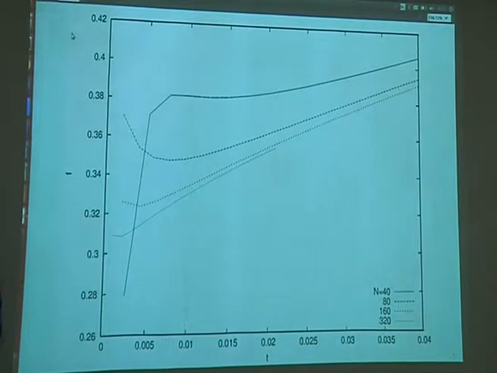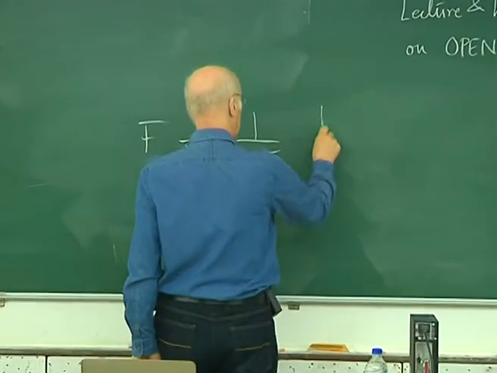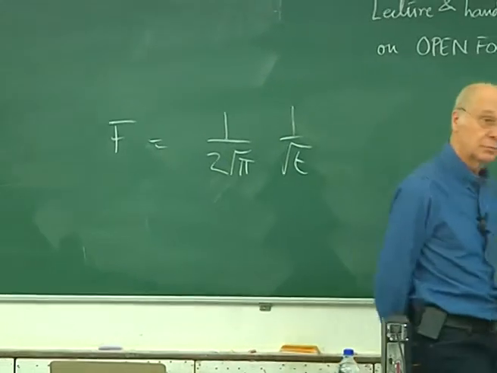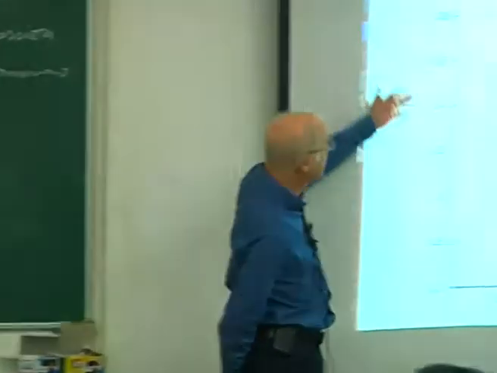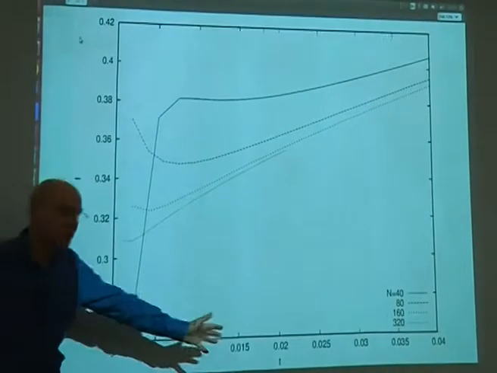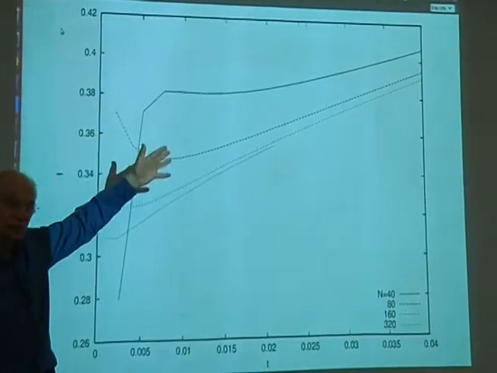It was hopeless at finding the initial behavior. The initial behavior, the force ought to be 1 upon 2 the square root of pi, 1 upon the square root of time. So what I did, which was bad, is I actually multiplied by the square root of time and plotted that as a function of time. So this is the force times the square root of time.